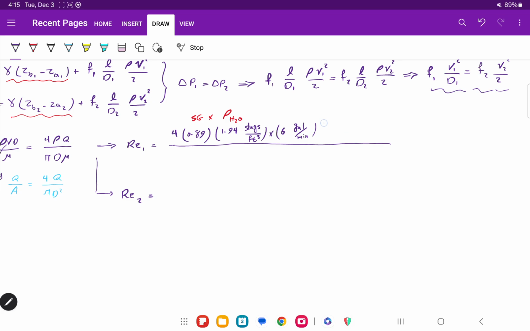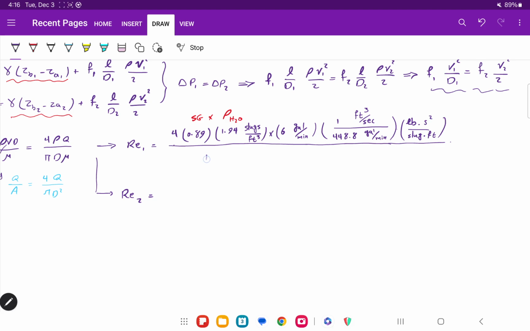And you should convert gallons per minute to cubic feet per second. So 1 cubic feet per second equals 448.8 gallons per minute. And the slug conversion, so 1 slug equals 1 pounds second square over feet.